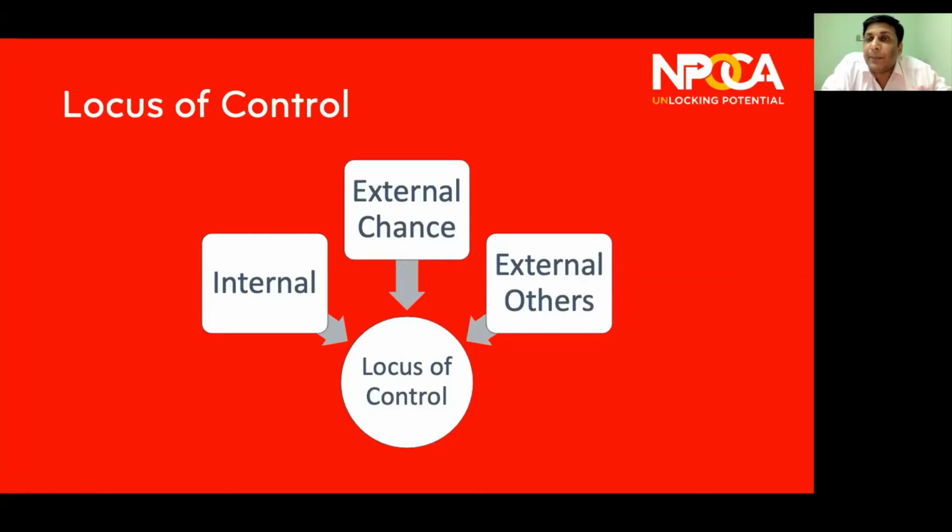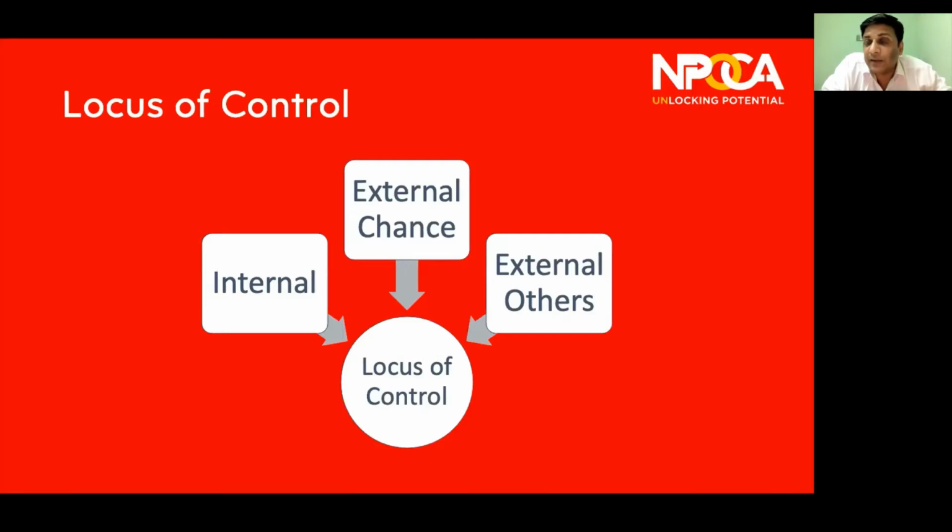Typically, people amongst us would have 3 locus points. They would either look at themselves as people who are responsible for outcomes. And then there are others who would look at other people, who believe that others have a greater contribution to my success.